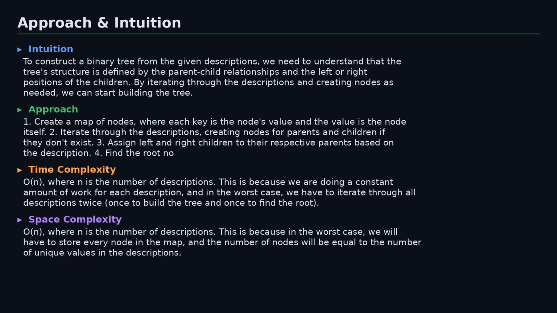Then, we can iterate through the descriptions, creating nodes for parents and children if they don't exist, and assigning left and right children to their respective parents based on the description. Finally, we need to find the root node of the tree, which is the node that is not a child of any other node. This is kind of like finding the foundation of the house, the node that everything else is built on top of.